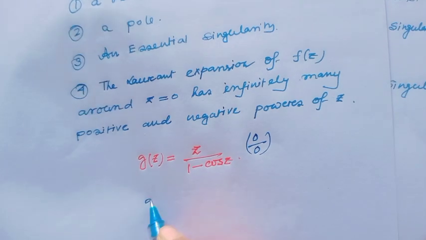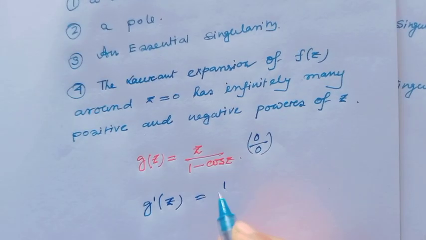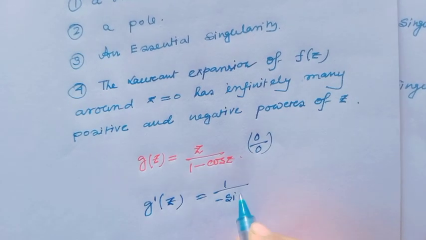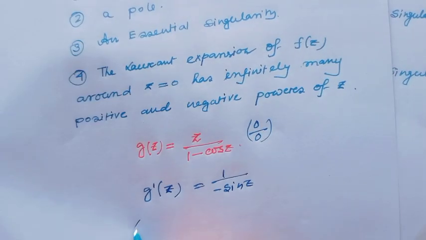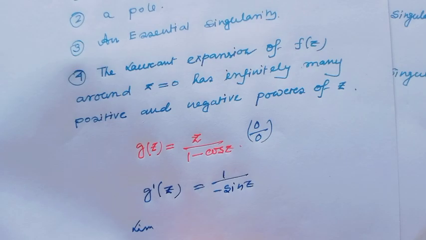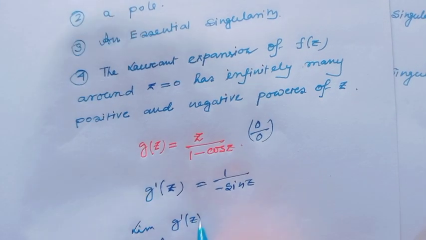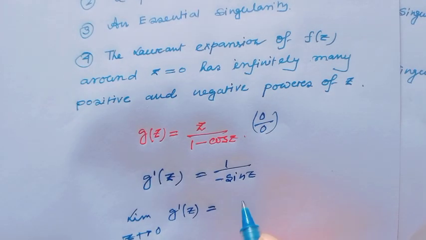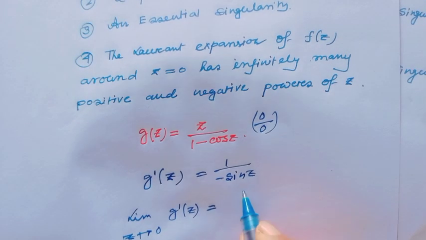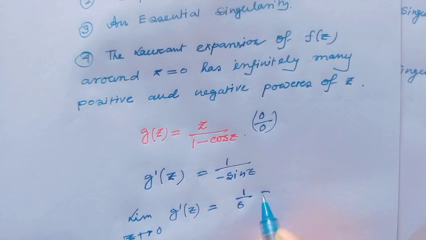Then g prime z equal to sin z, and limit as z tends to 0 gives 1 over sin z, meaning 1 over 0, which equals infinity.